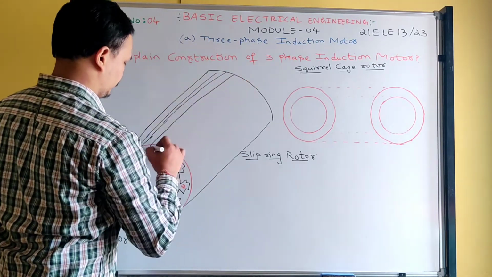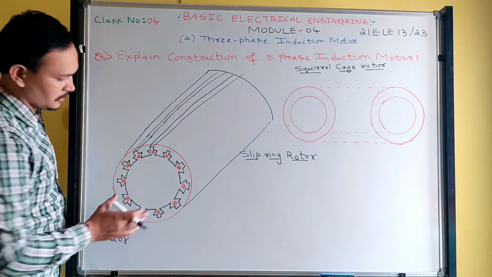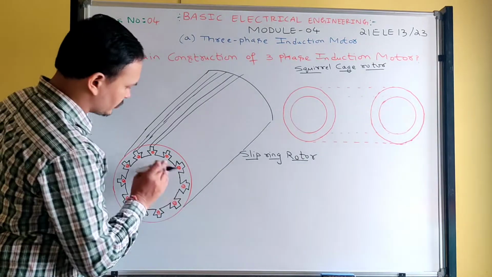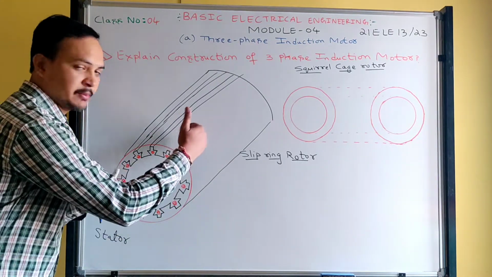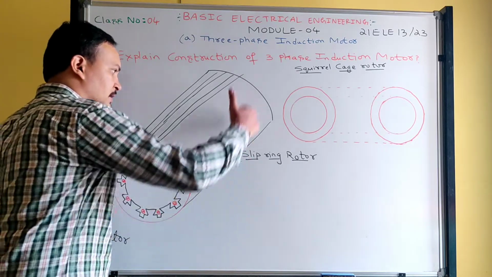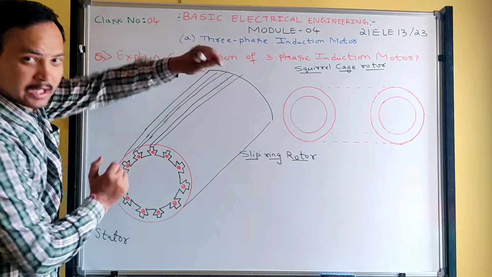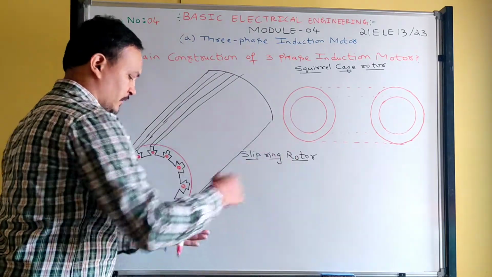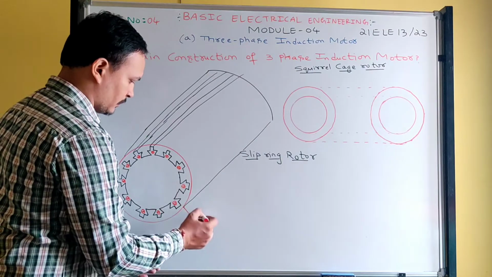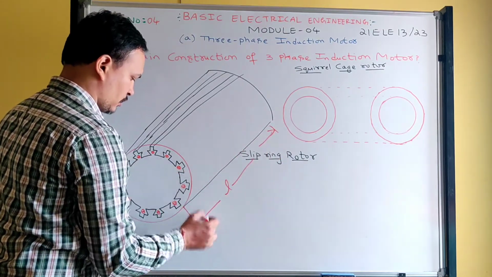Now it is three-dimensional. So like that, you can put one lamination side by side together, and finally stamp all the laminations. By stamping all the laminations, you will get a certain length of the stator core.